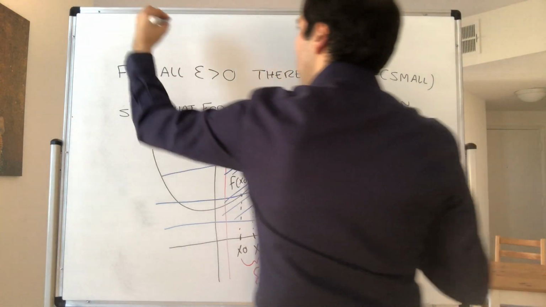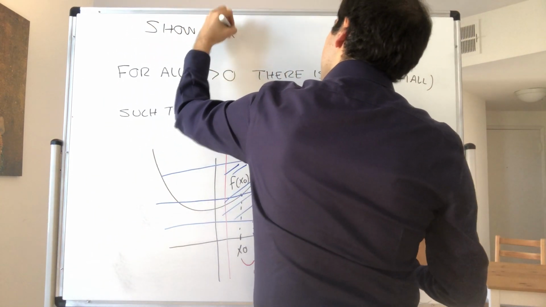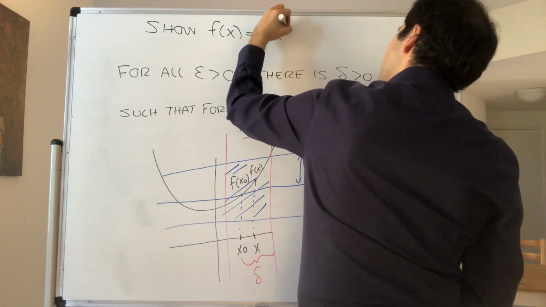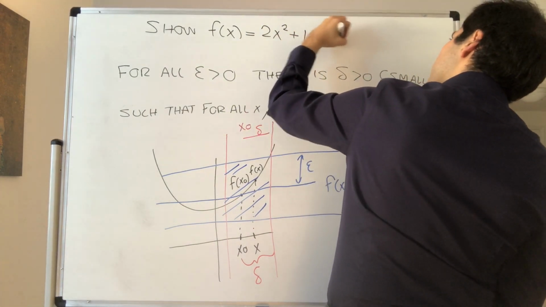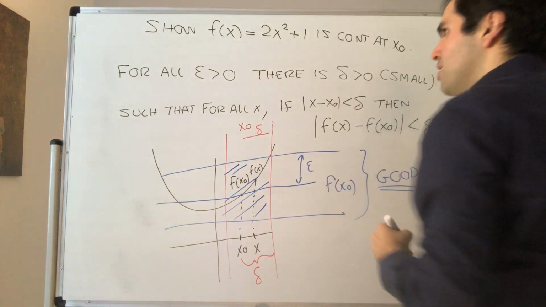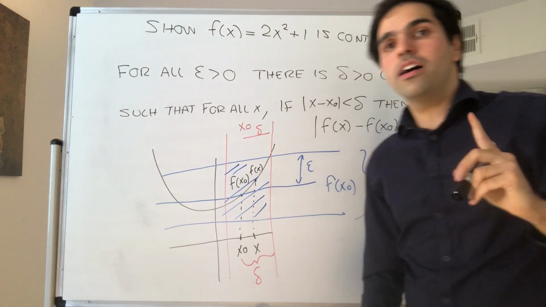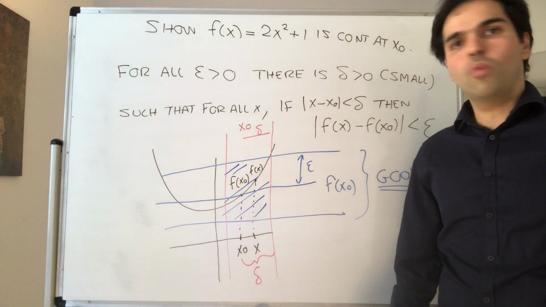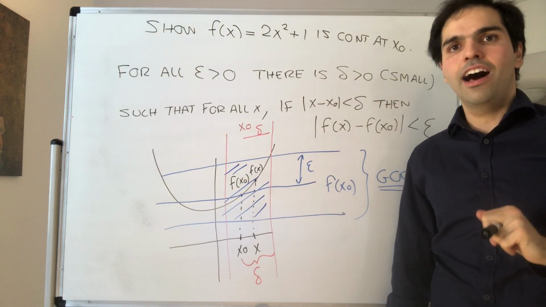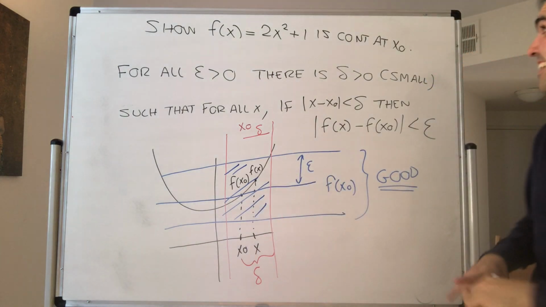So, let's show f of x, which is 2x squared plus 1, is continuous at x naught. Okay, so the following problem is slightly difficult, but once you see it once or twice or 25 times, then there is some threshold where you start understanding it.